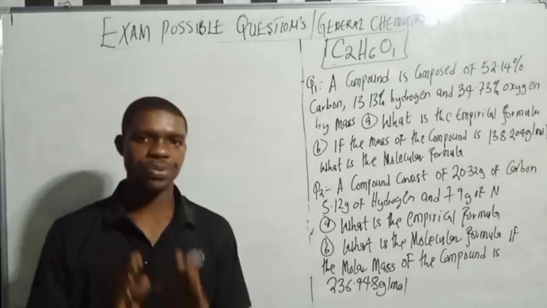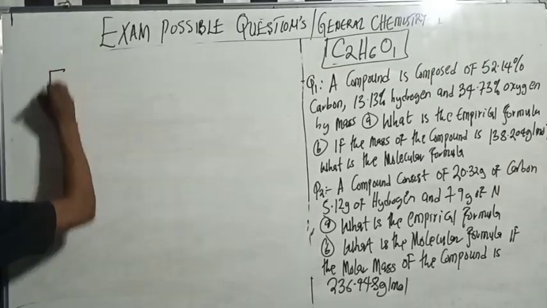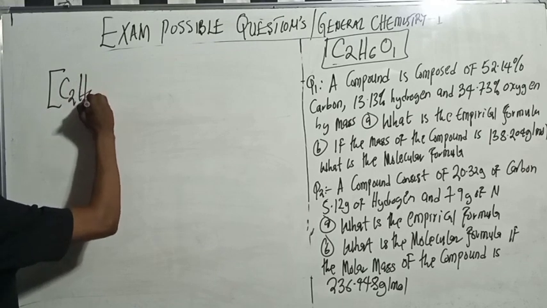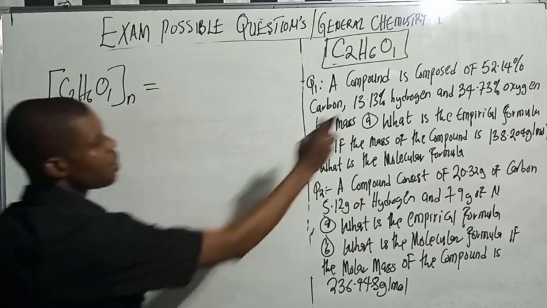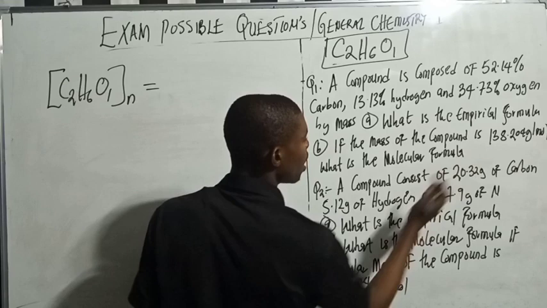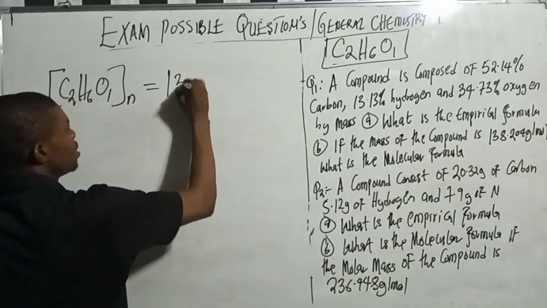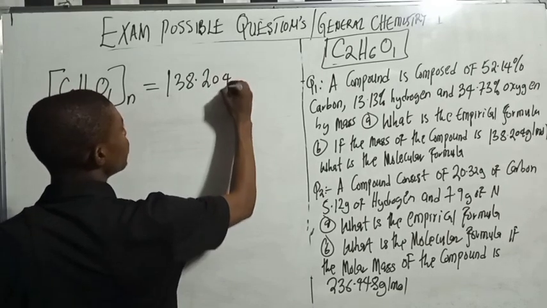Pay close attention to what I'm going to do. The format is C2H6O1 times n equals the molar mass given to me, which is 138.204.